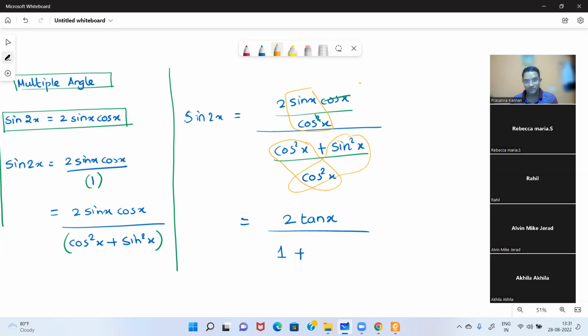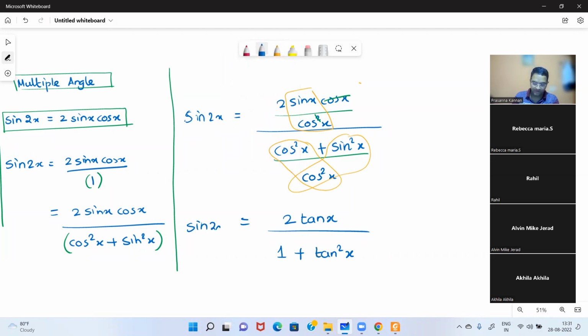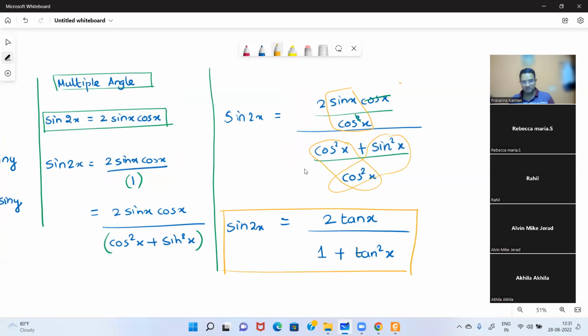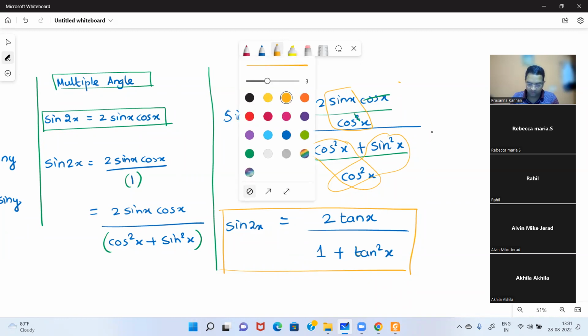Tan square x, correct? Sin square x by cos square x is tan square x. Exactly. So you get the other important formula for sin 2x. What is the first formula for sin 2x? 2 sin x cos x. What is the next formula? 2 tan x by 1 plus tan square x.